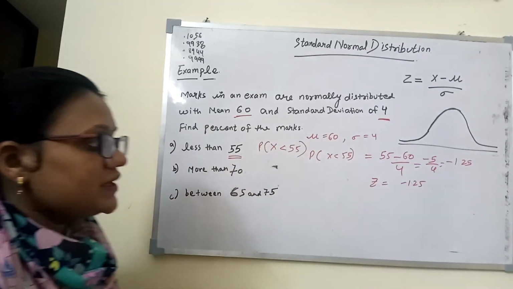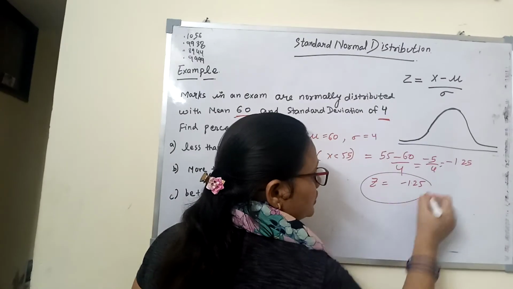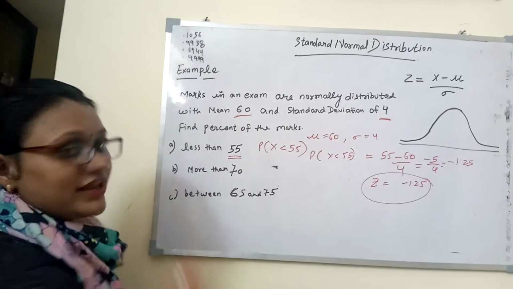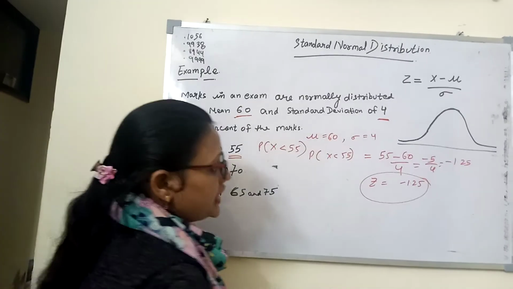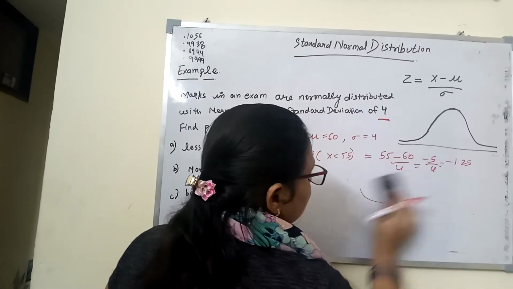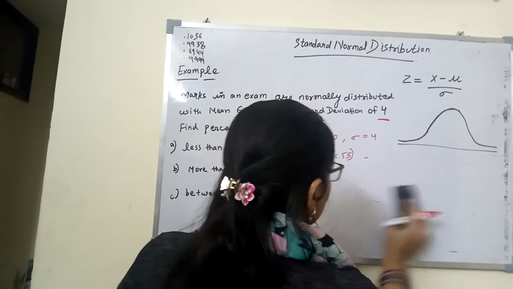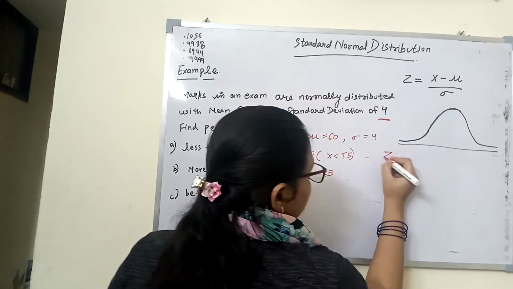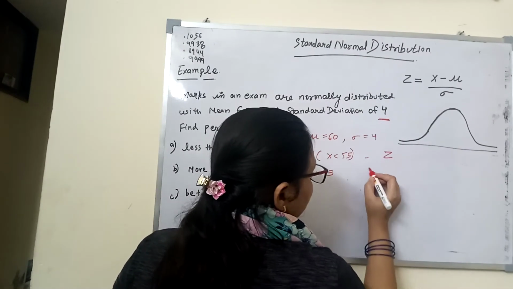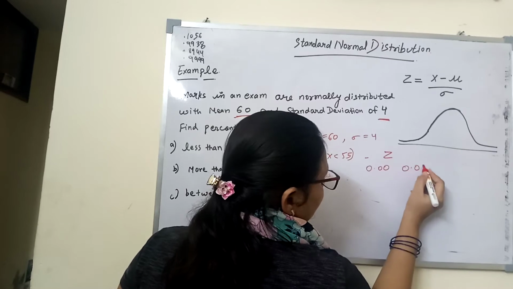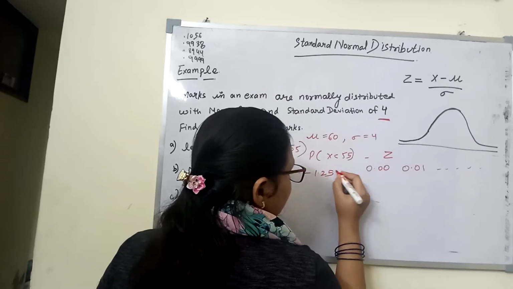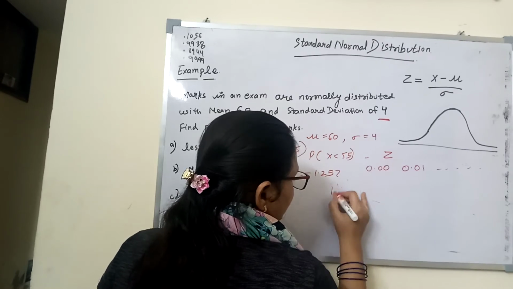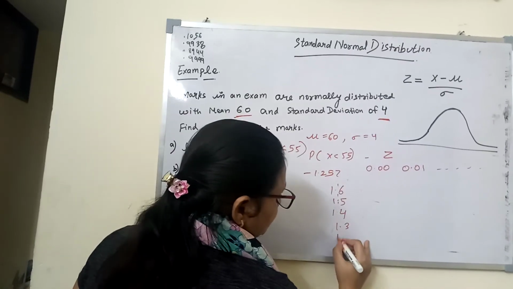Now the next step is to see the value of the z score in the z distribution table. Here I have already written the values, and I have taken the left area under the z score table. My value is minus 1.25. Suppose this is the z score table, with 0.00, 0.01 and so on, and here the z values are 1.5, 1.4, 1.6, 1.3, 1.2.